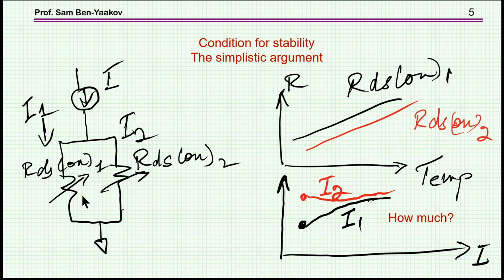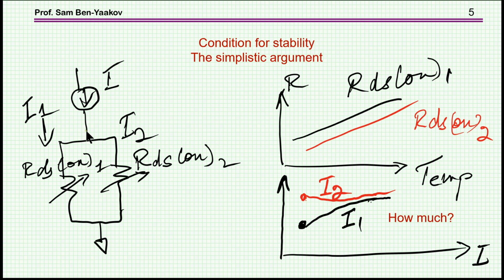And the argument goes like this. If you have two devices, say this one has a lower resistance and this one has a higher resistance. As the current builds up, the one with the lowest resistance will have the highest current, while the one with the highest resistance will have a lower current.